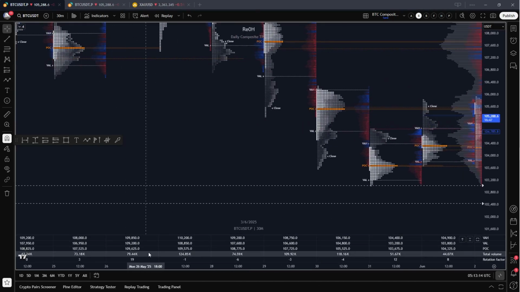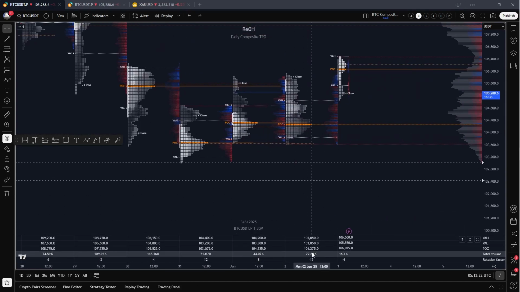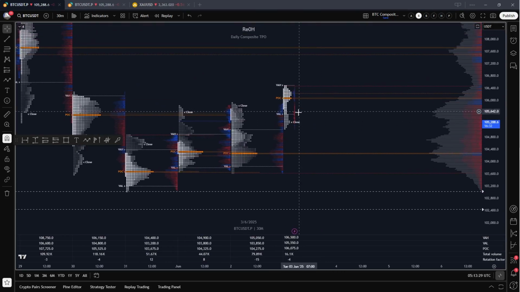In the early days we had like 80,000, 120, 70, 100, 100, and now we're in the 80s, so pretty average, but way below usual. I want to see an increase in volume if we rotate higher.